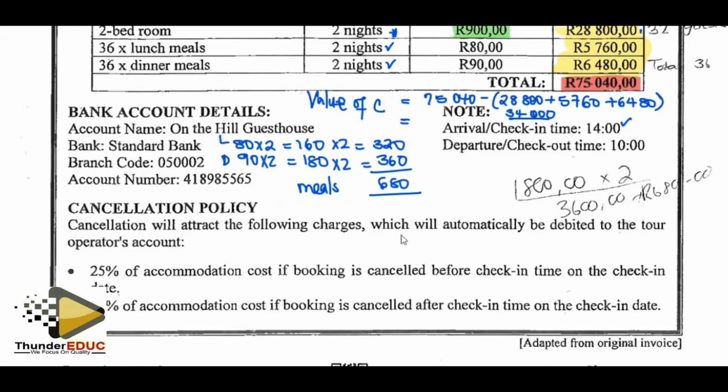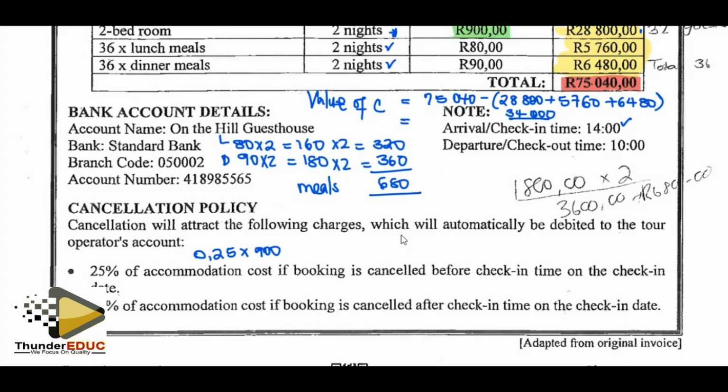So we shall look at this and we say 25% of the accommodation, which is 900. 0% of accommodation cost if the booking is cancelled before the cancellation will attract the following charges, which will automatically be debited to the tour operator's account.